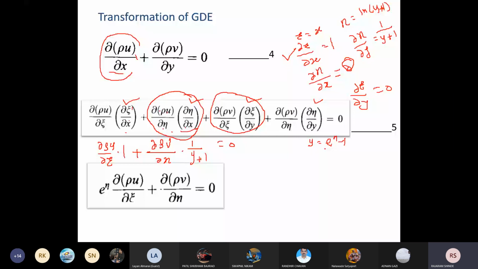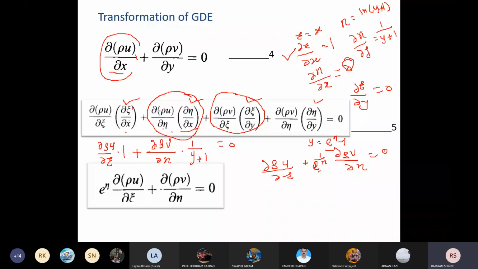So you will get ∂(ρu)/∂ξ plus 1 upon e raised to η into ∂(ρv)/∂η, and this is equal to 0. Now you take this on this side, you will get this equation.